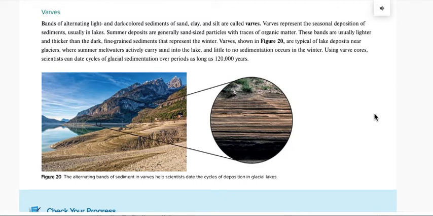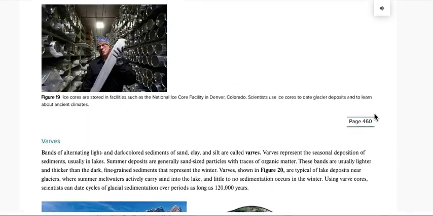And lighter soil tends to not have as much of that. So scientists can also tell some environmental health things. And you tend to get more deposits of dead and decaying matter in the summer, just because more things were alive during that time period. So that is it for this section on absolute dating.